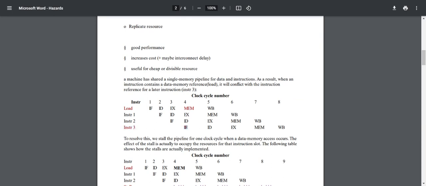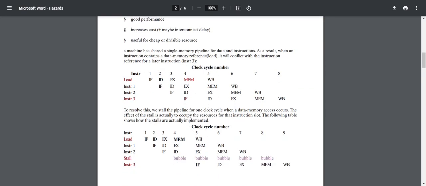once again, it means that CPU is trying to access the memory, right? But the memory for the time being is occupied by the load type instruction. So there is a hardware conflict.